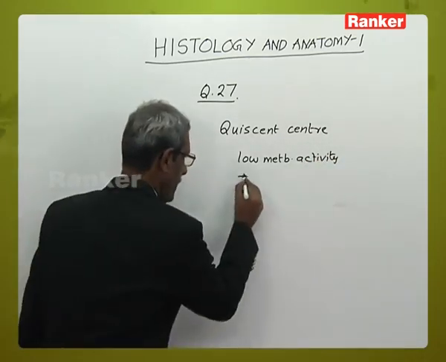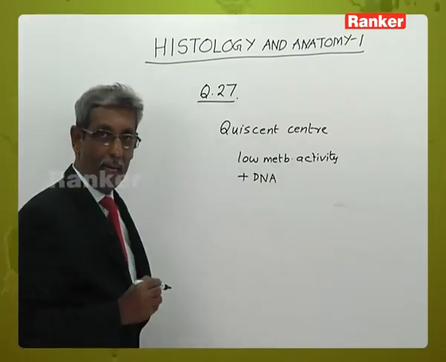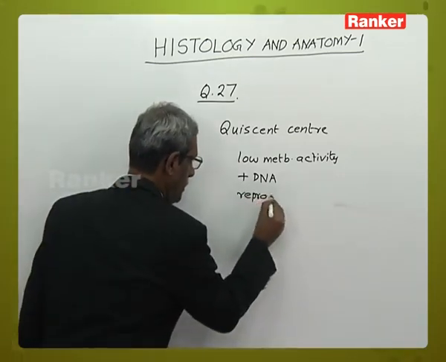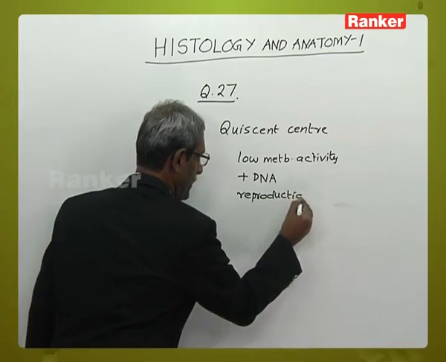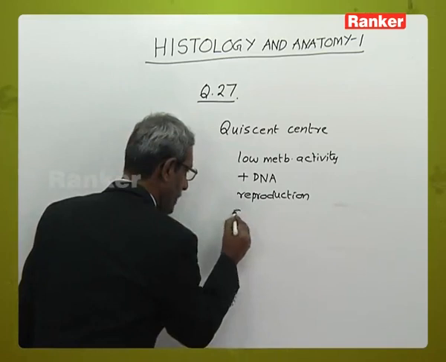However, it is rich in DNA and it is capable of reproduction, that is, it is capable of forming derivatives of meristematic cells.